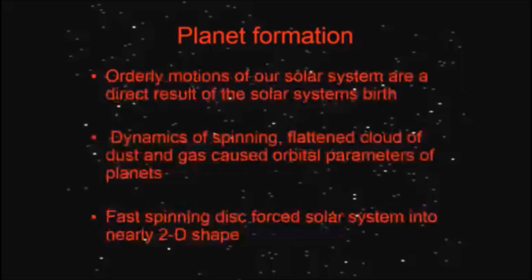So the really orderly motions of most of the solar system are a direct result of the birth of the solar system. So the dynamics of spinning flattened clouds, dust and gas, and the orbital parameters of the planets come from the very beginning of the solar system. And our solar system is a really nice two-dimensional flat shape, a bit like a record, apart from a few objects.